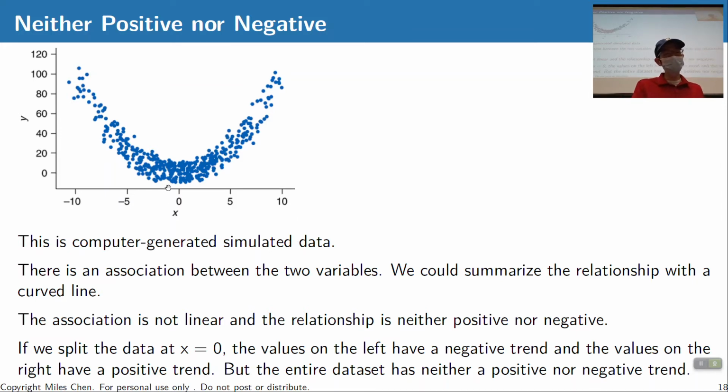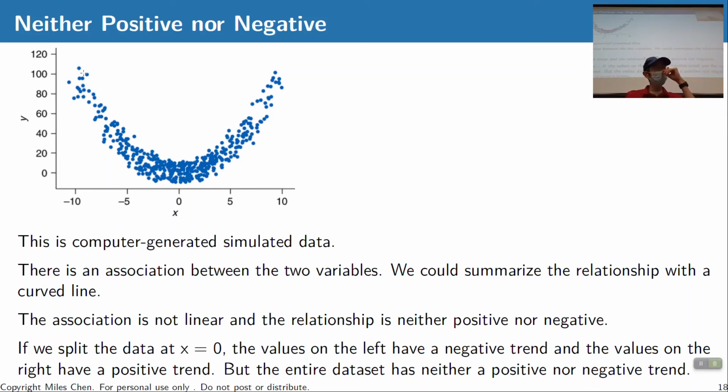When x is 0, y tends to be between 0 and 20. When x is 10, y tends to be around 100. When x is negative 10, y tends to be around 100. So there's definitely some kind of relationship. To describe the overall relationship as positive or negative would be a mistake, and to try to use a single straight line would also be a mistake.